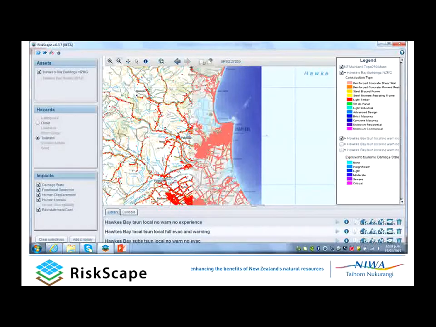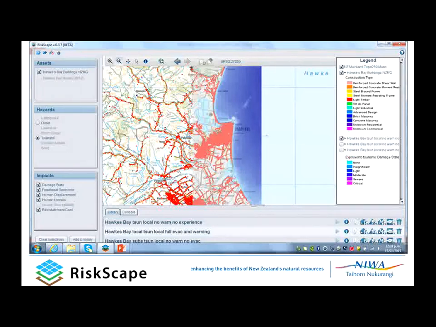Currently, RiskCAPE can tell you some information about building damage. It can tell you how long people might be out of buildings, which is very useful for economic calculations. How long individuals will be out of residential buildings, what the human losses and casualties are, and some of the reinstatement costs. So how much is it going to cost to put back that building, repair that building?